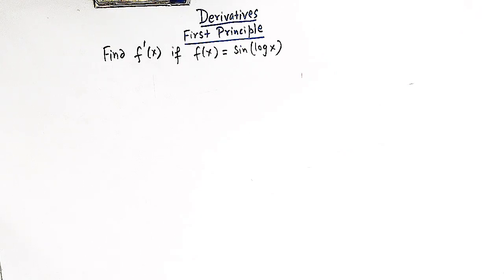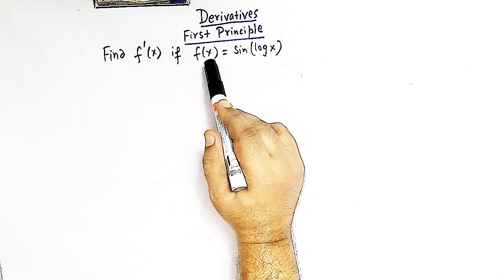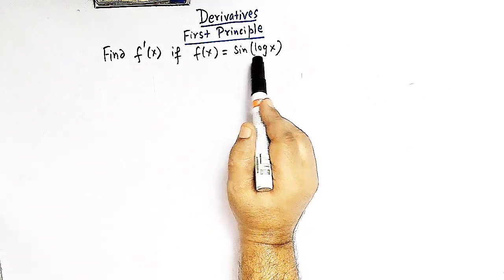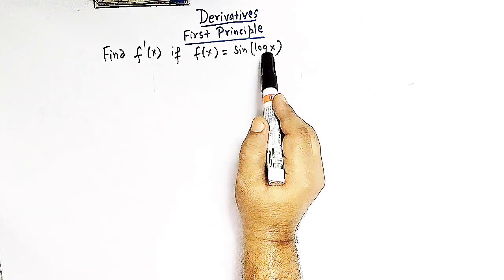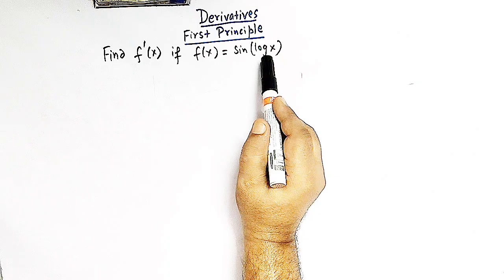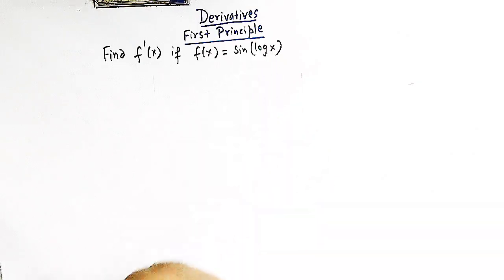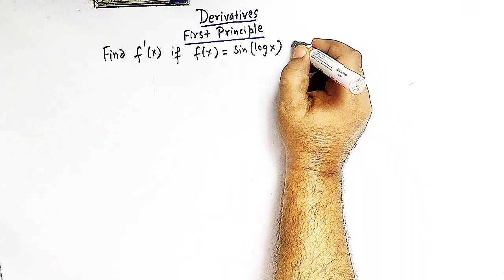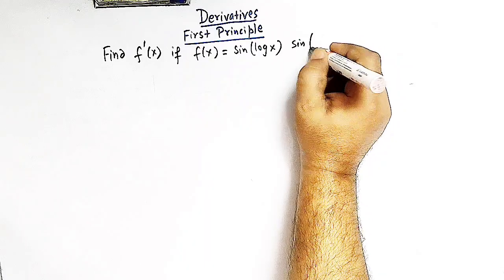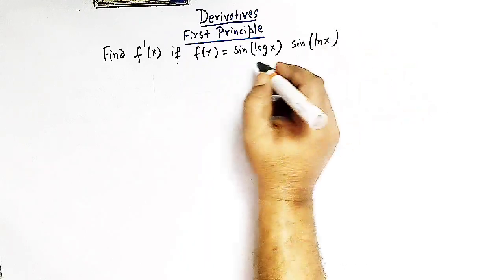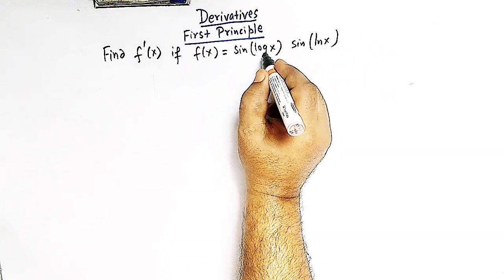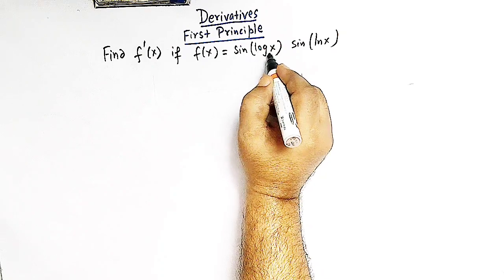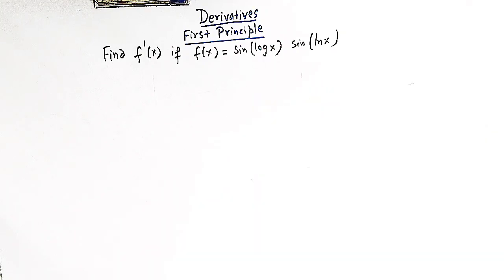So we have the function f of x is equal to sine of log x, and here log of x is the natural log. We can also use the notation sine ln x, but here we'll prefer the notation log of x.